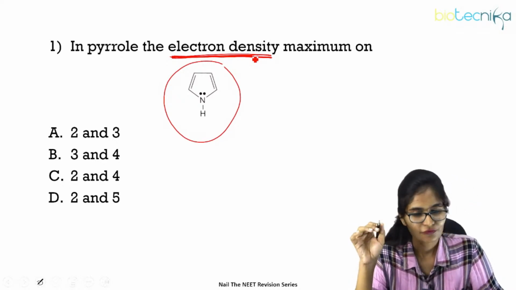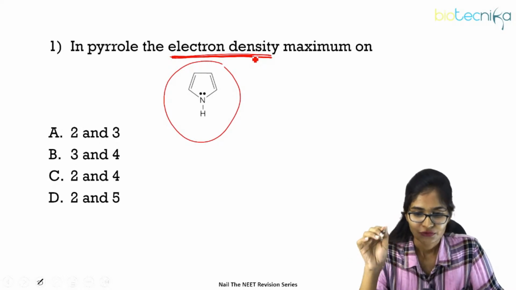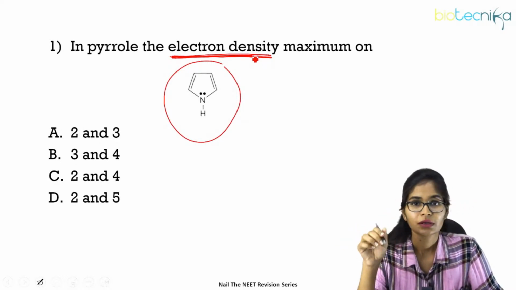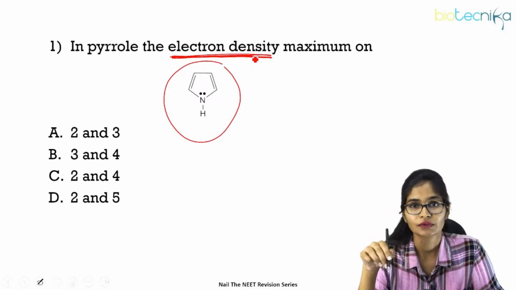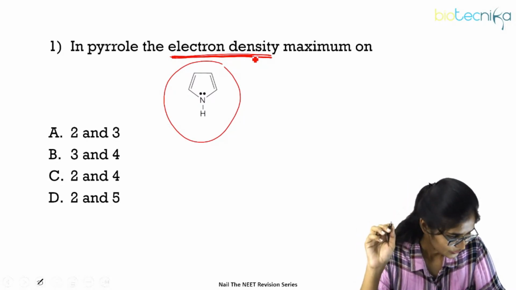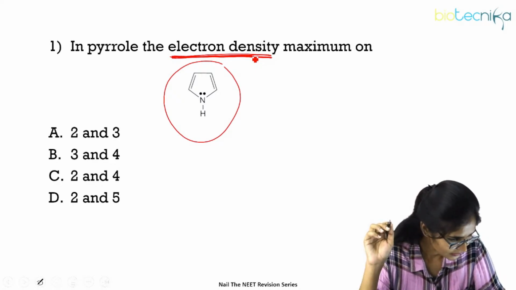I have given 4 options: 2 and 3, 3 and 4, 2 and 4, and 2 and 5. So try to solve this question based on writing the resonating structures of the pyrrole. So Sneha is answering it is B. What about others?